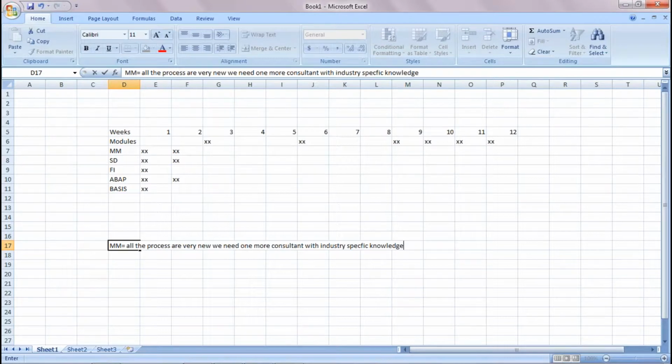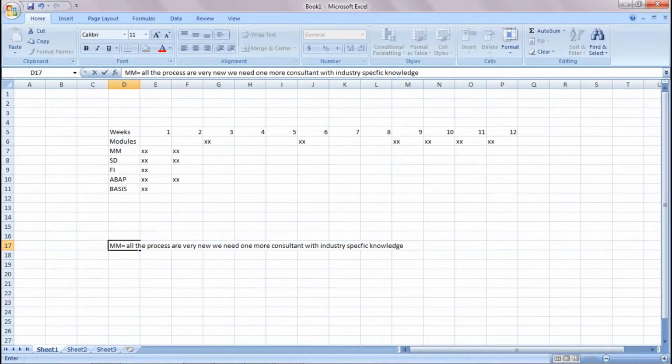We need one more consultant with industry-specific knowledge. What does industry mean here? You are a consultant of MM and work for the construction industry for the first 2 years. Then you join a new company, but these people are working in the automobile industry.